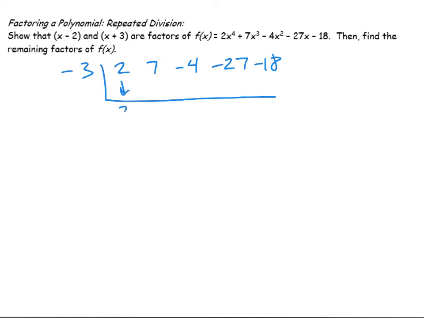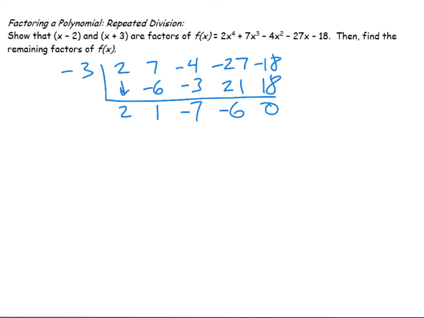Bring down my 2. Negative 3 times 2 is negative 6. 7 plus negative 6 is 1. 1 times negative 3 is negative 3. Add those together, I get negative 7. Multiply, I get 21. Add those, I get negative 6. Multiply those, I get 18. Add them together, I get 0.